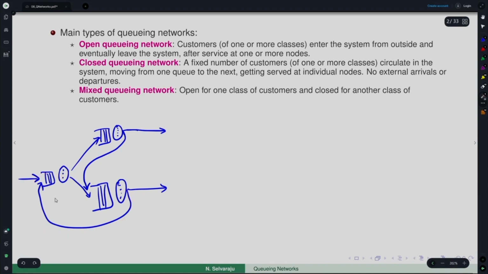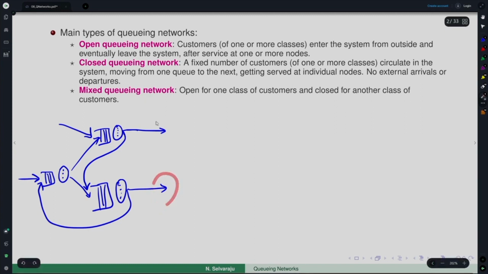So here there is an external arrival. It could happen even in this particular case, so this kind of arrival can also happen to this system. In this situation there are two places where arrivals happen, arrivals here and arrivals here. There are two nodes in which departures happen.